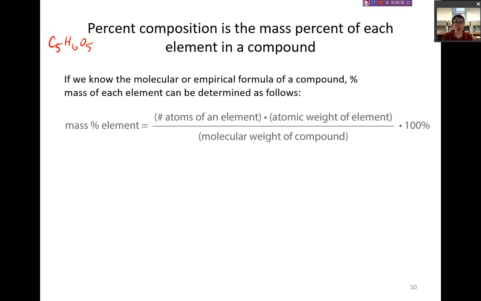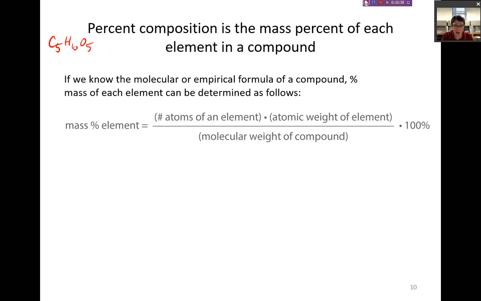If we know either the empirical or molecular formula of a compound, we can find the mass percent of each element. And it's fairly intuitive. You take the number of atoms of a given element times the weight of that element over the total weight. That's going to find us the mass percent of a given element.